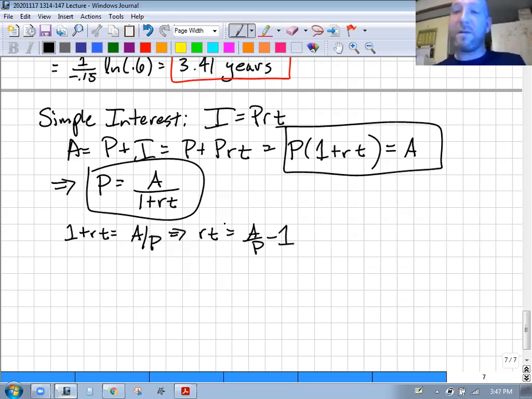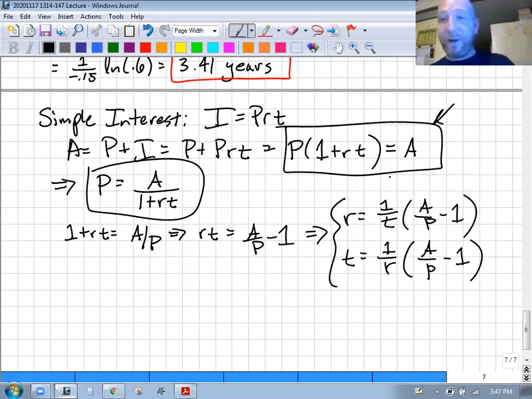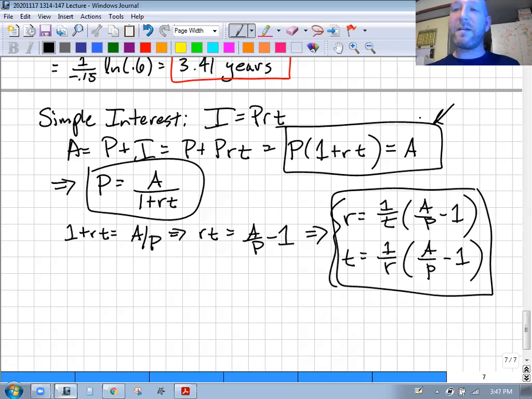So from there, if they ask for the rate, it would be 1 over T times A over P minus 1. But if they ask for the time, you divide both sides by R: 1 over R times A over P minus 1. This formula has 1, 2, 3, 4 variables in it. If you have 3 of those numbers, you can solve for the 4th. So you want to be able to take this guy and rearrange it to solve for any one of those variables.